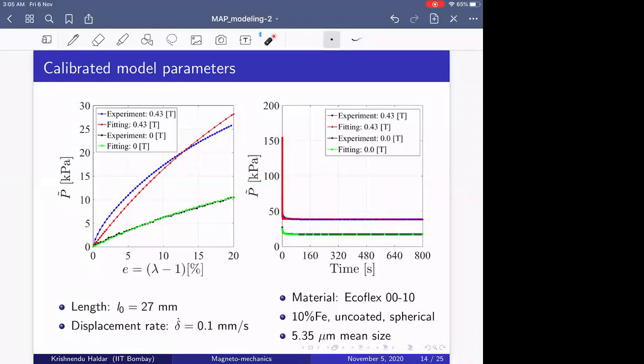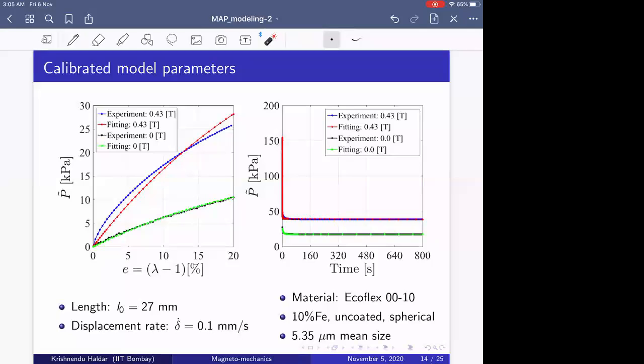This is the specimen geometry, 27 millimeter height. The material is Ecoflex, a commercial name for a very rubber-like soft material, and the iron filler is 10% volume fraction, uncoated spherical, with a mean size of around 5 micron.